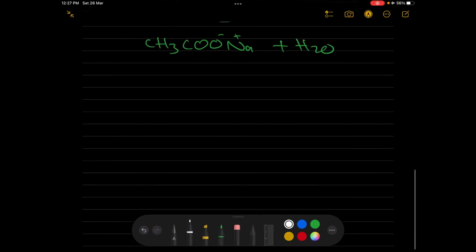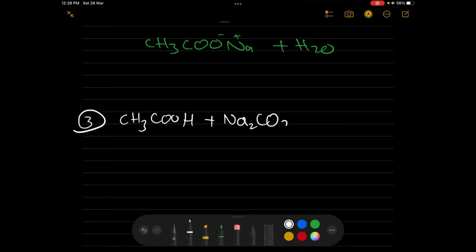Let's go to the third reaction that you could have, which is another acid, CH3COOH, and it reacts with metal carbonates. So let's take an example of Na2CO3. This is a metal carbonate. Just remember this is an acid-base reaction, but in addition to this reaction, we have carbonate, so we're supposed to have carbon dioxide in this case as a gas.